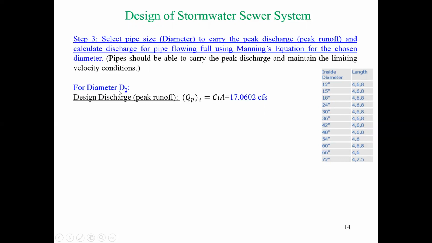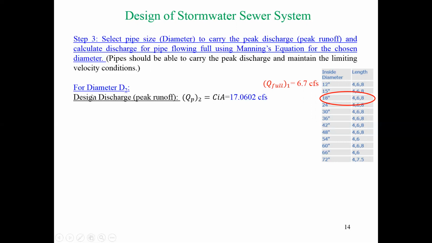Now, if you look at your class example, for D1, we chose 18, and the maximum flow this pipe can carry is 6.7 CFS. So there is no way for D2 we can try this size of pipe. And you can imagine that from another point of view.